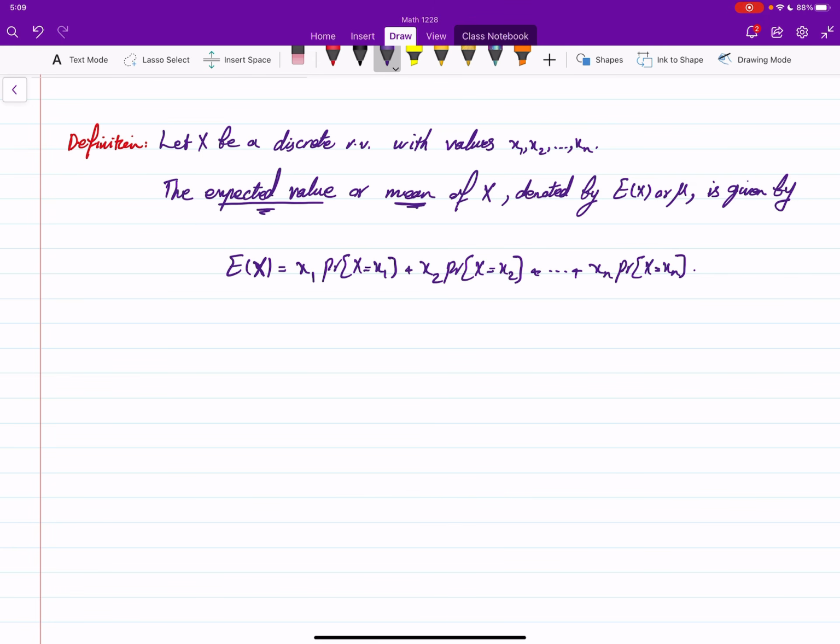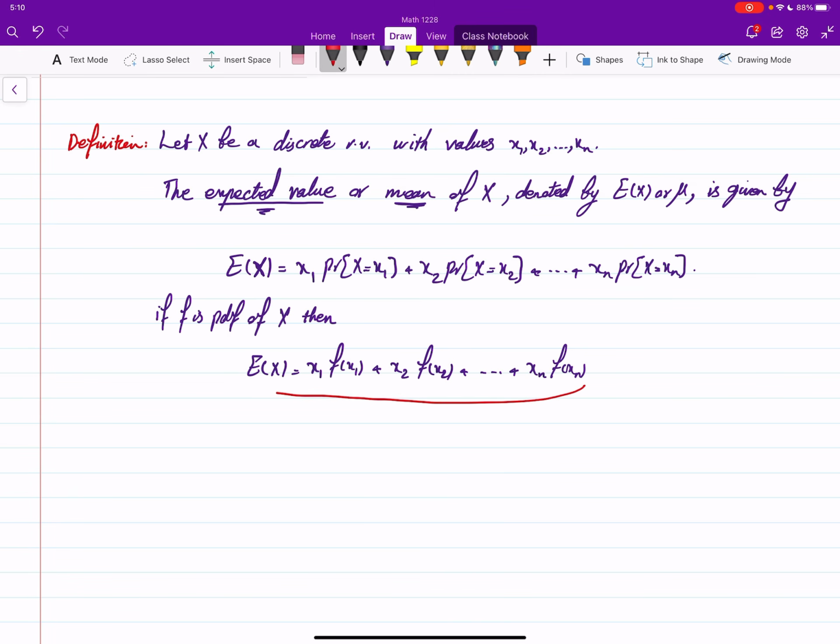Well, if f is the PDF of X, then E of X or mu is just x1 times f at x1 plus x2 times f at x2, up to xn times f at xn. So these are the formulas that you have to know and you have to use. Either that or that.